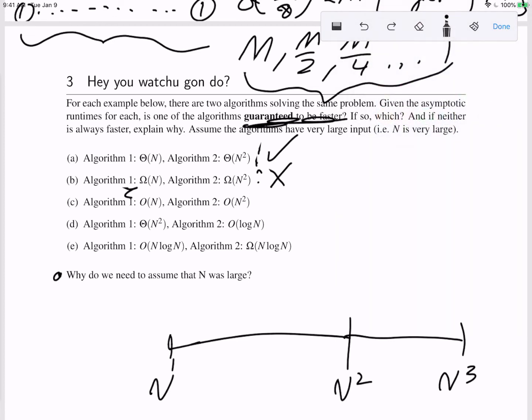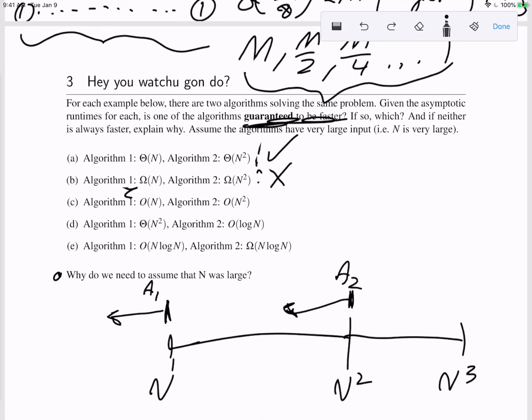Okay, so now we have algorithm 1 is O of n, and algorithm 2 is O of n squared. So we have the same situation, except instead of an arrow to the right, we're going to have an arrow to the left, because O upper bounds. So algorithm 1 is either on this line or to the left. Algorithm 2 is on this spot, or to the left.